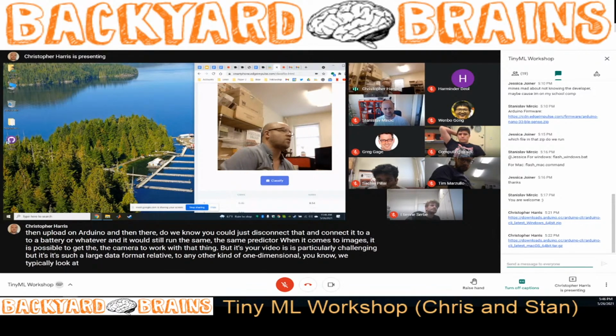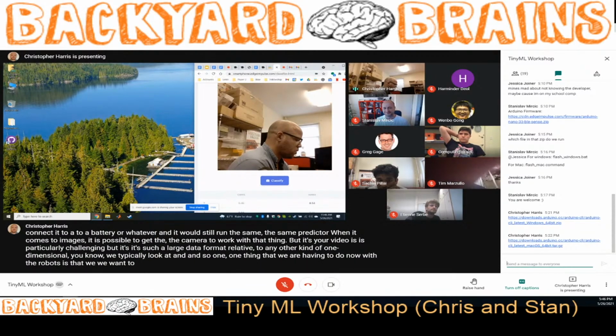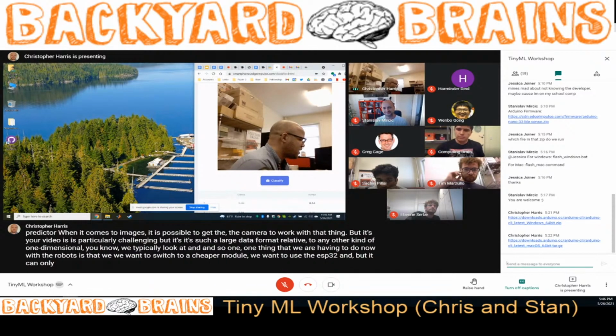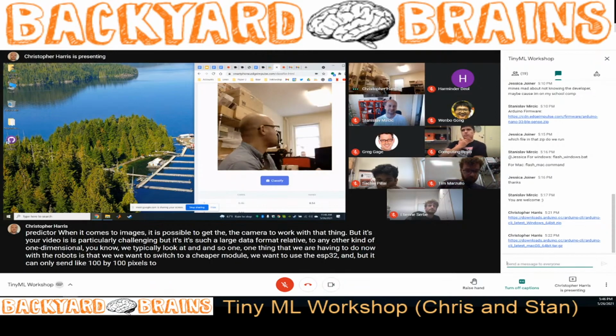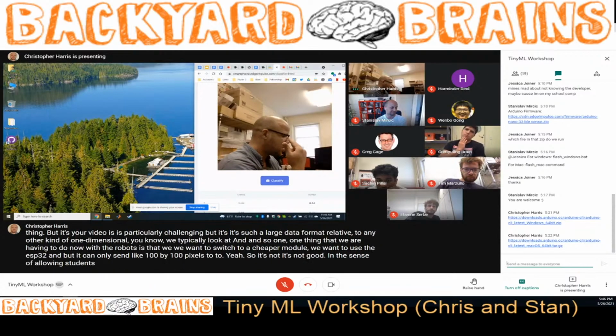So one thing we are having to do now with the robots is switch to a cheaper module. We want to use the ESP32, but it can only send like 100 by 100 pixels. So it's not good in the sense of allowing students to see what the robot is seeing, which is something we had before.